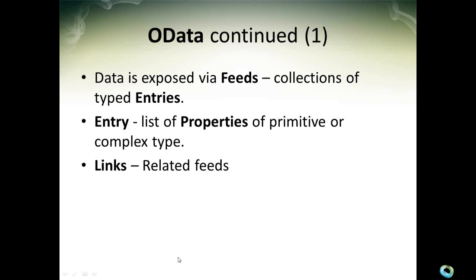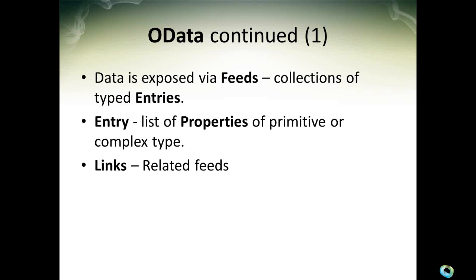Now let's continue with our slides. So as I said, data is exposed via feeds, and the feed contains a collection of entries. The entry contains a list of properties, either primitive or complex. So for example, the product name is a primitive property. It is of type string, but it can also be of a complex type.